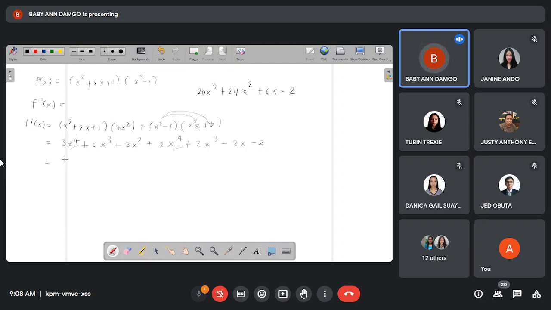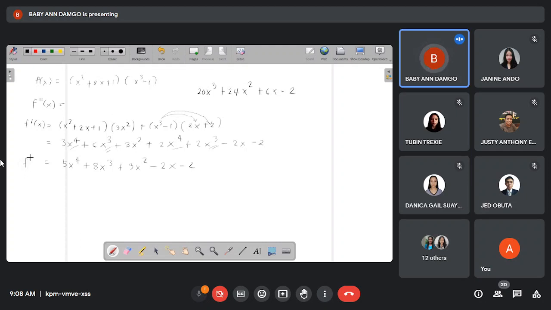So this is 5x to the fourth plus 8x cubed plus 3x squared minus 2x minus 2. Okay? So that is the first derivative.